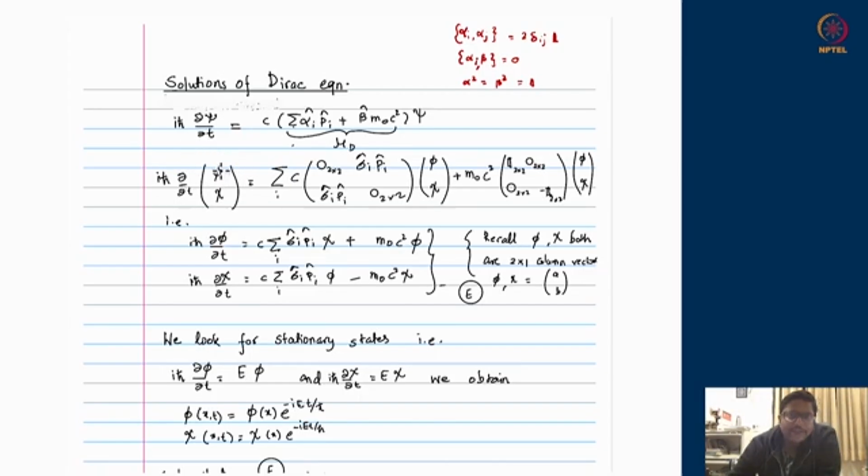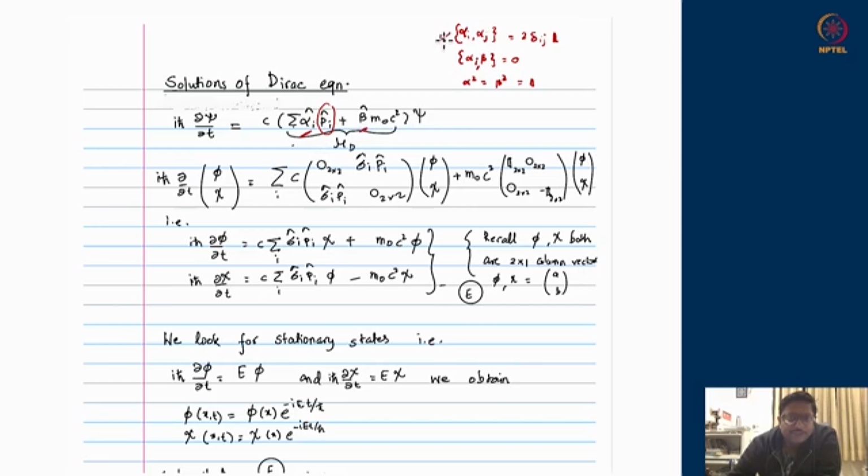We ended up getting the criteria that the equation should look like the first order time derivative equal to a Hamiltonian which is made up from the momentum operator, multiplied with not some constants alpha 1, alpha 2, alpha 3 and beta, but matrices alpha 1, alpha 2, alpha 3 and beta.